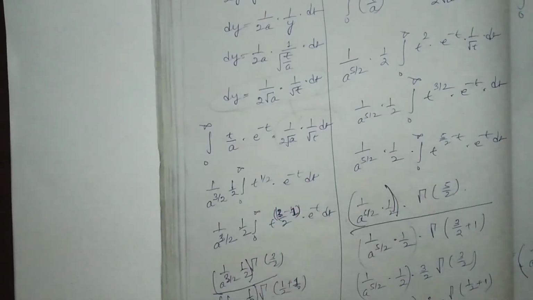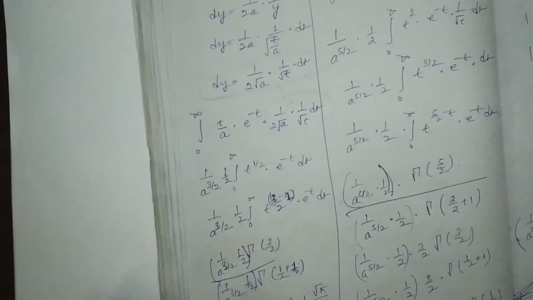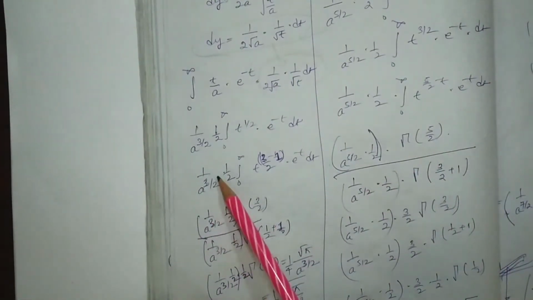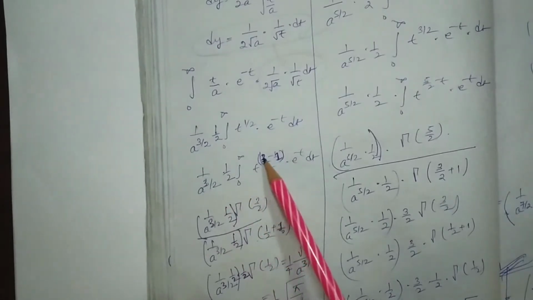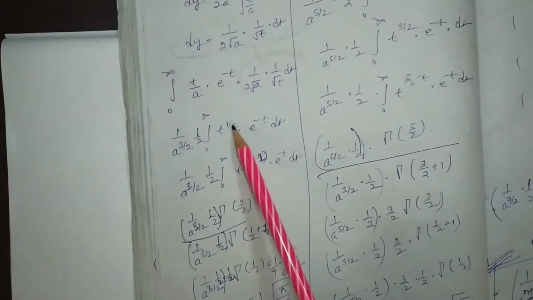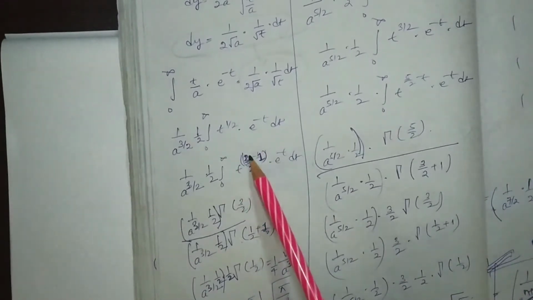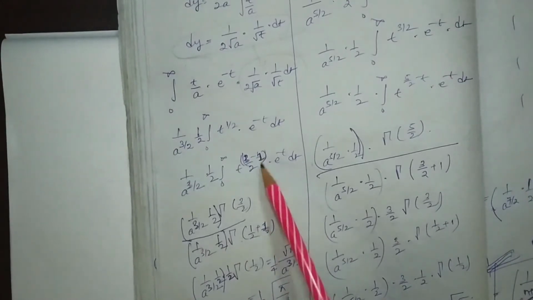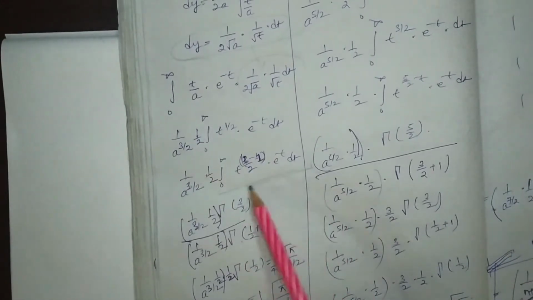Okay, so in the form of gamma function we can write it this way: 1 by a to the 3 by 2 into 1 by 2, integral 0 to infinity t to the power, 1 by 2 can be written as 3 by 2 minus 1. I am trying to write it in the n minus 1 form of the gamma function.